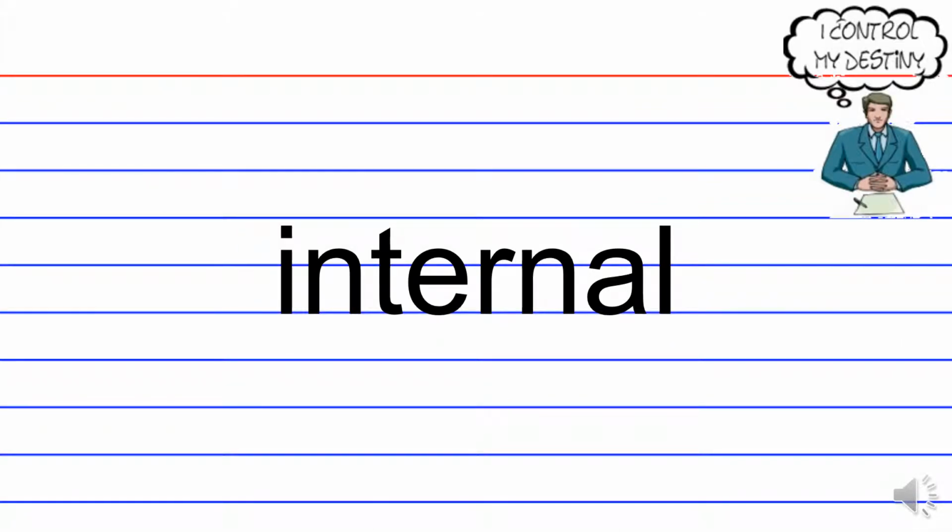That would be an internal locus of control. So, people who have an internal locus of control usually have the underlying cognition that they're in control of their own destiny. As you can see, this guy here, he's suited up, he looks very confident and very together. And these are usually the signs of someone who has an internal locus of control.